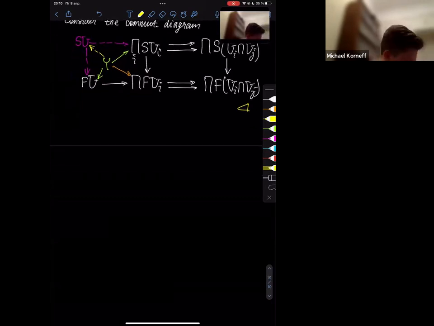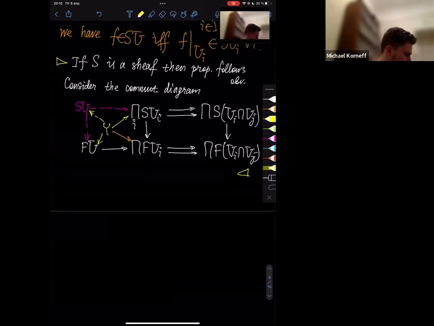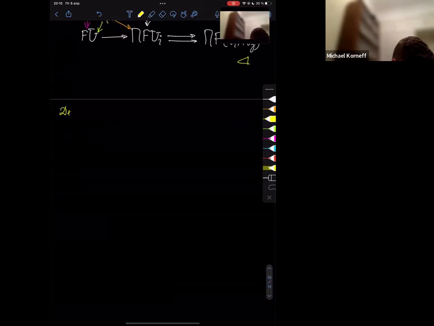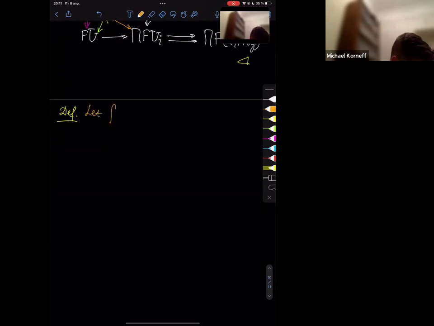And now I'm going to define the direct image. Definition. Let f from X to Y be a continuous map of spaces.